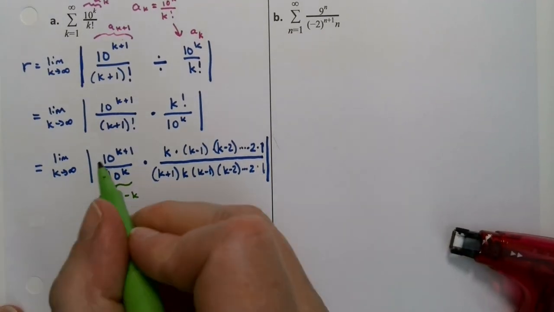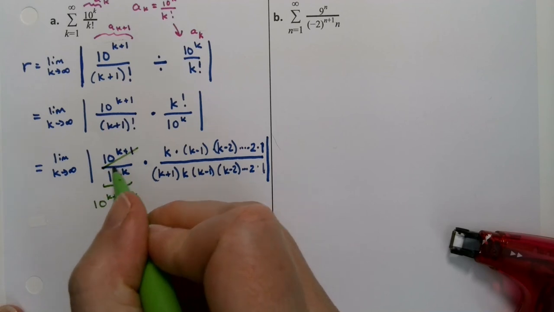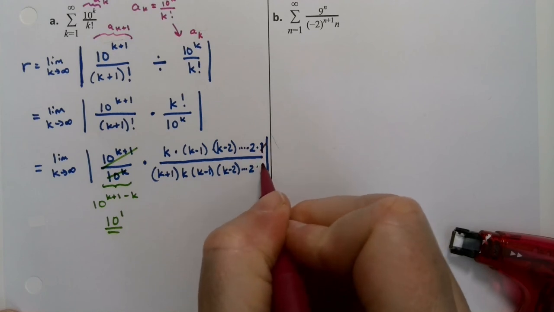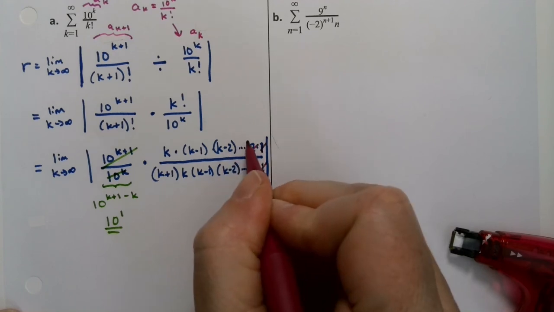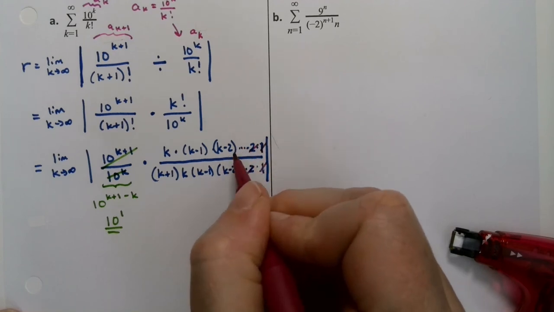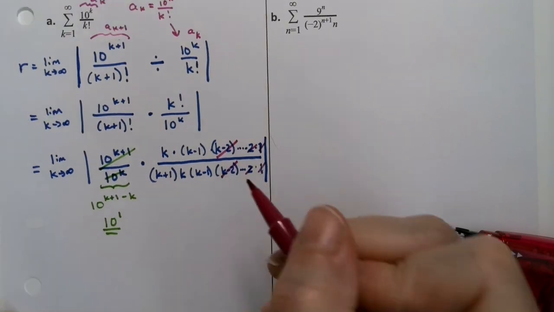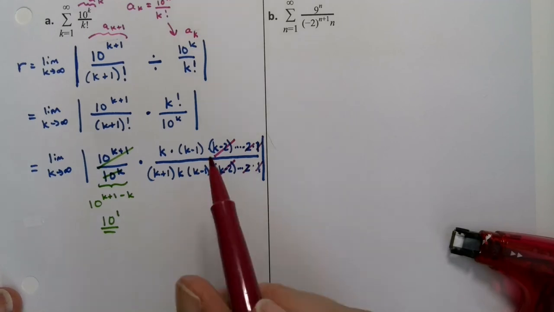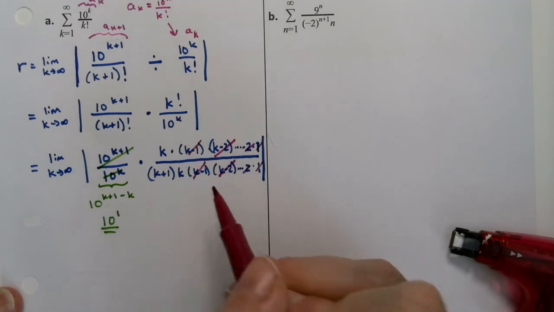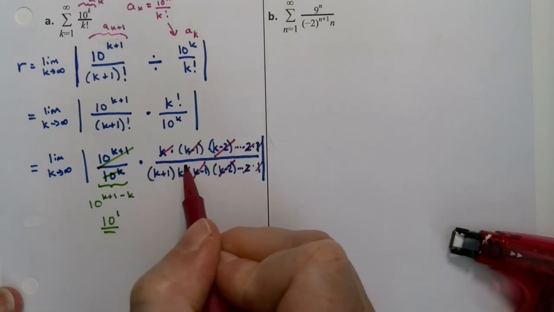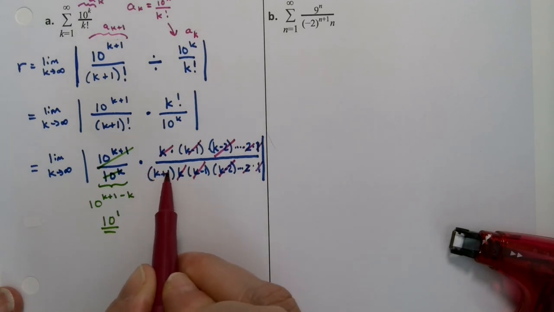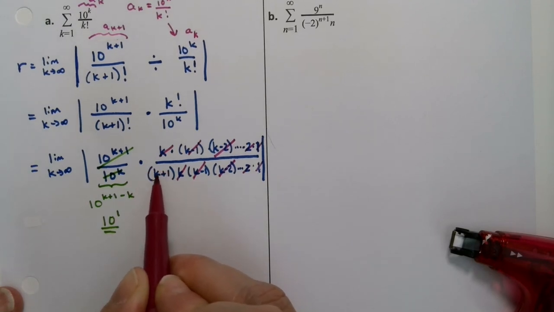So in other words, everything kind of divides away and you're left with 10. Now over here, the 1 cancels with the 1, the 2 cancels with the 2, the 3 cancels with the 3, 4 with 4, and so on. K minus 2 divides away with k minus 2. They're not really canceling, they're dividing and making 1. K minus 1 makes 1. K and k makes 1. All you're left with is a k plus 1 in the denominator here.